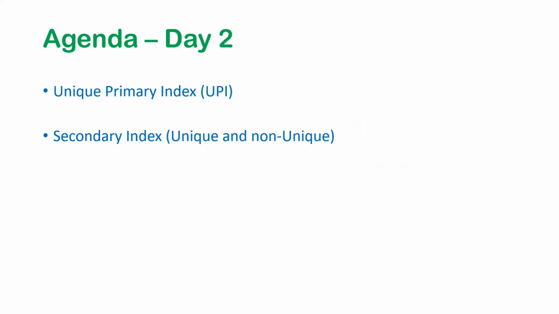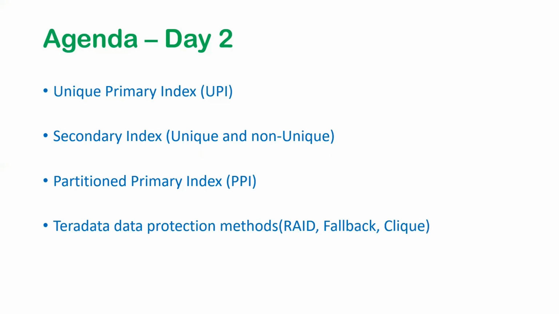In today's session, we are going to learn about unique primary index, what is UPI, how it can be created, what is secondary index, unique secondary index, non-unique secondary index, what is partitioned primary index, and what is skewness, what is 1 AMP operation, 2 AMP operations, and Teradata data protection methods.